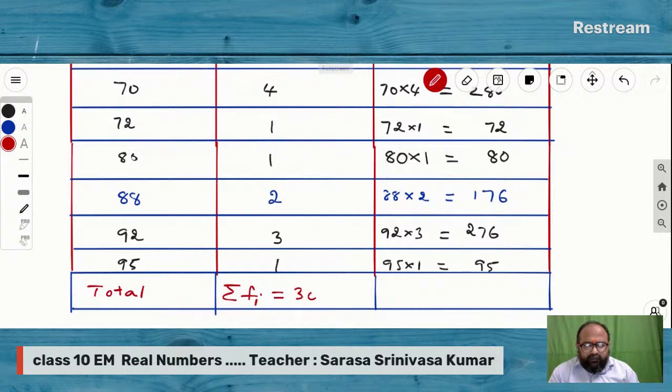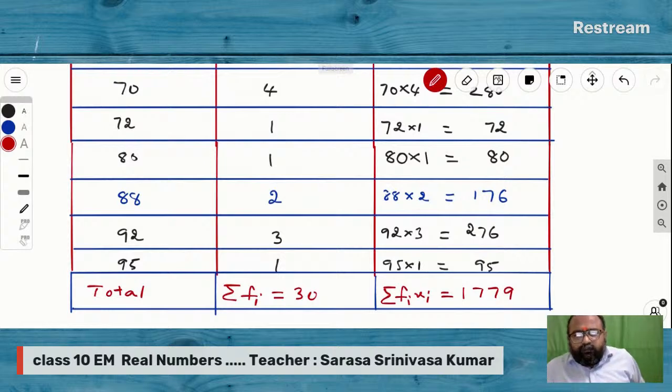And if we add all the values of the Fi xi column, we get sigma Fi xi equal to 1779. So let us see this table.